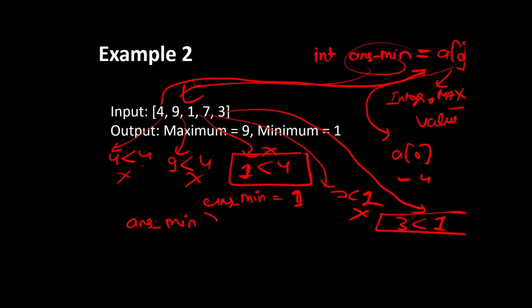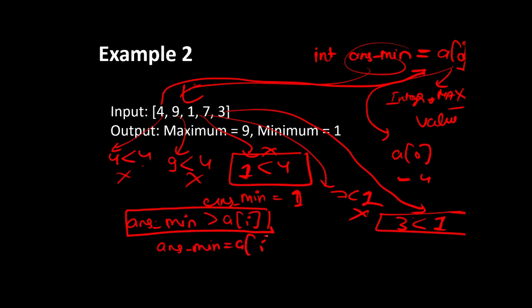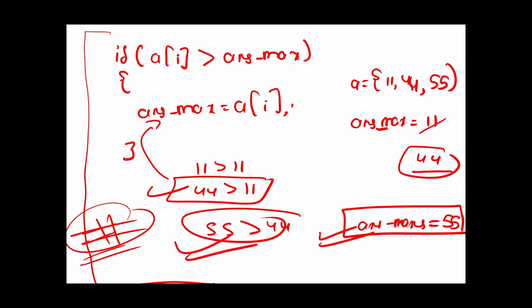Whenever the answer min is greater than a of I, then you just update the value of answer min to a dot I. In the previous case, when finding the maximum value, we check whether the current element of the array is greater than the value we have stored.